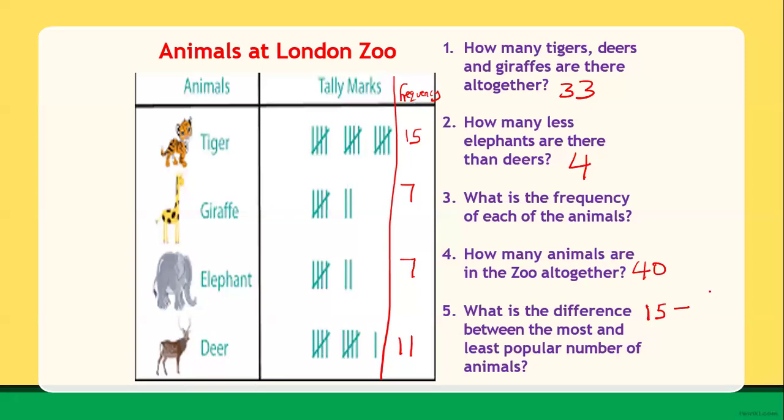And how many do we have that are least popular? 7 and 7, that is 14. So what is the difference? 1. Okay. So that is how you are supposed to attempt it.